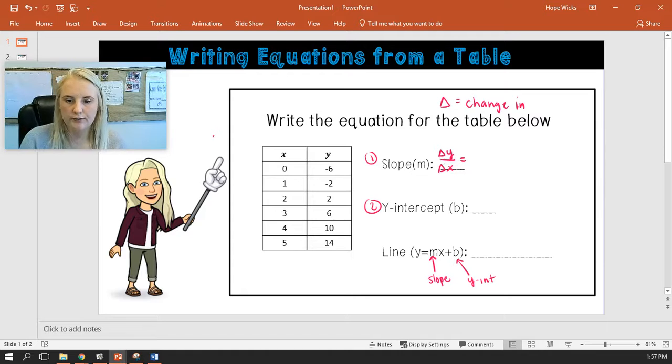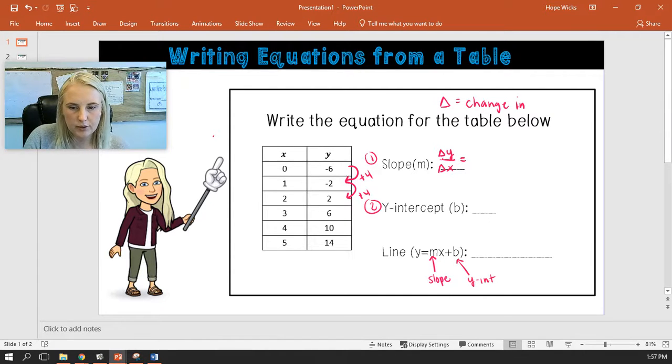Okay, like I just said, I just don't want you to forget. So what we're going to do here is find the change in y over the change in x. What's happening in each row? From -6 to -2, what is happening there? Well, it looks like they are adding 4. First we had -6 and now we have -2. From -2 to 2, we've got the same thing going on.